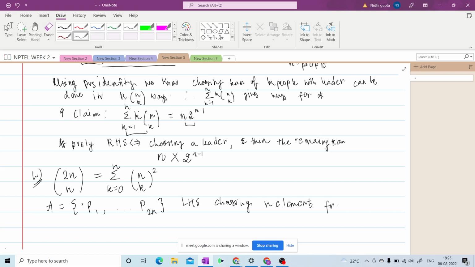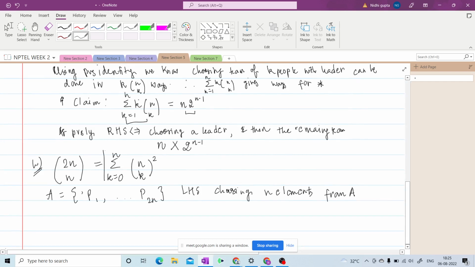Now the problem is we have to express the right hand side. We have to solve this problem in such a way that we get the right hand side. So how can we do it?